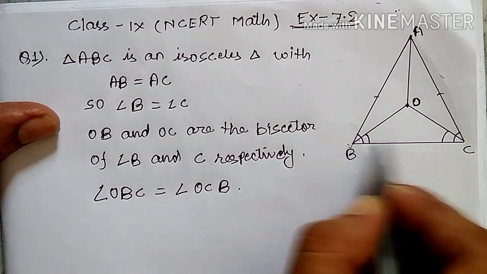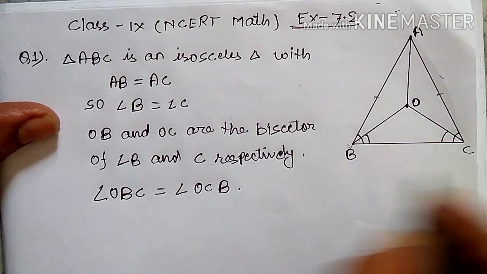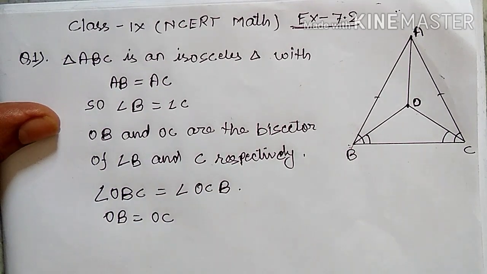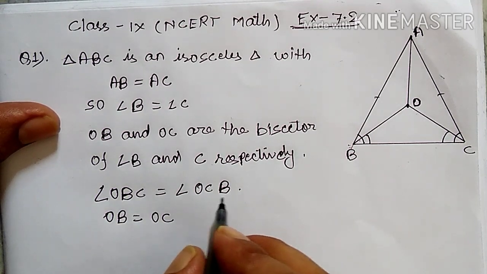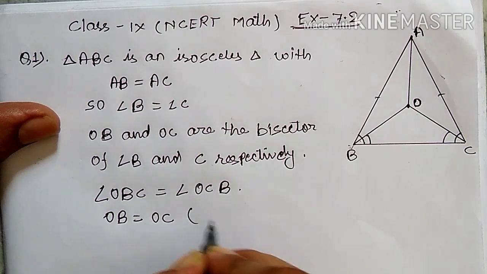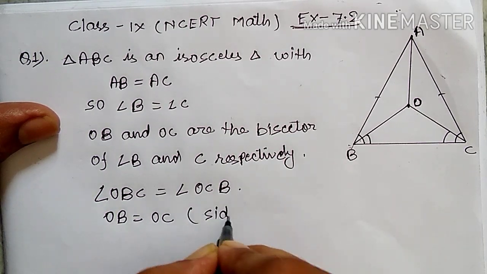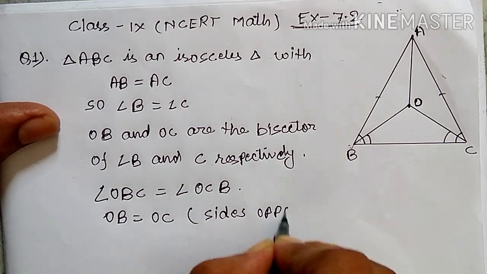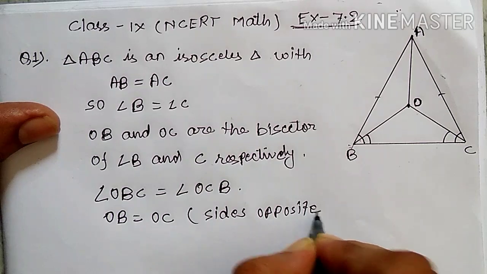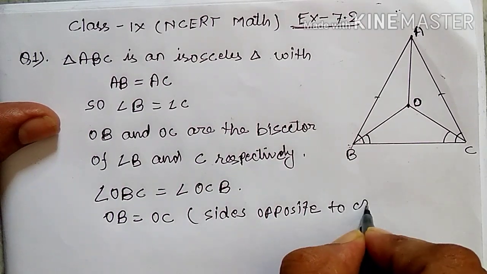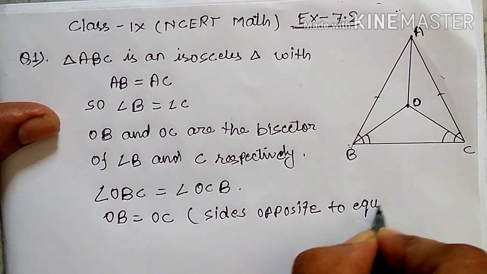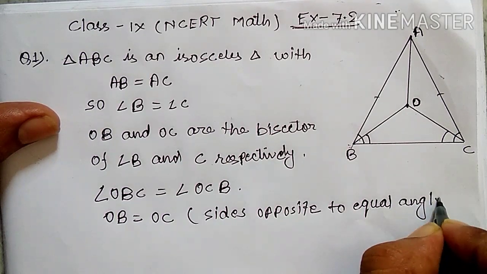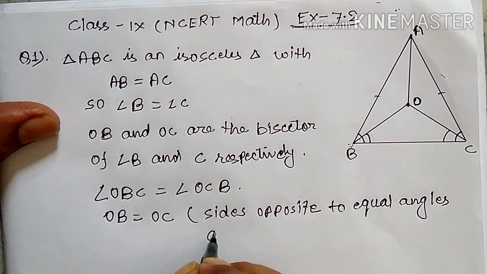If these angles are equal, then we can say that OB is equal to OC. Why? Reason: sides opposite to equal angles are equal.